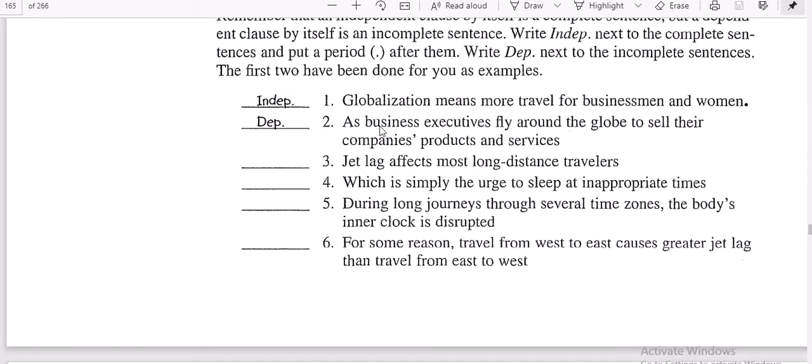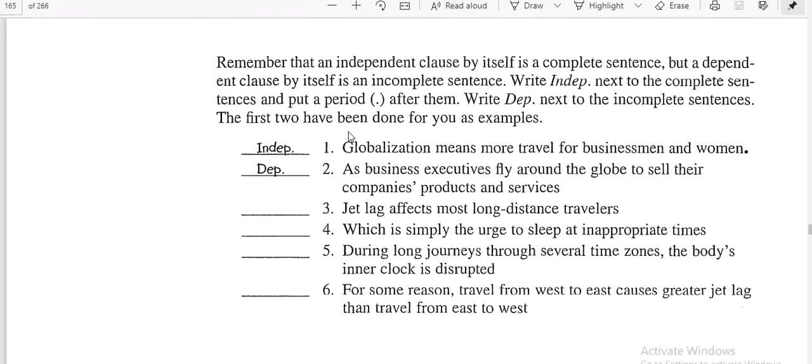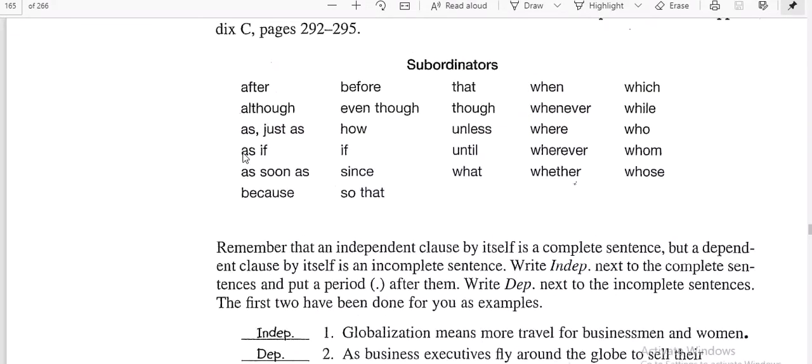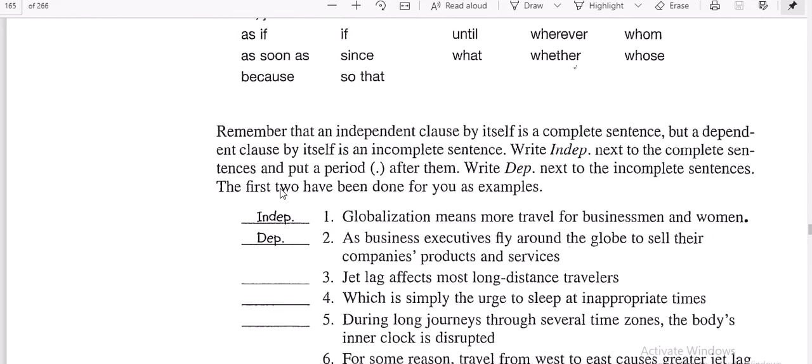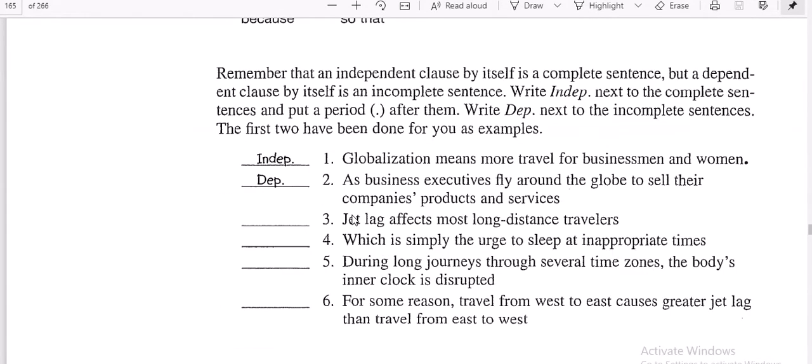Here this clause begins with what? With as. As is a subordinator. As, just as, or as if, or as soon as. So as is what? A subordinator. As can be found in the beginning of what? Of a dependent clause.